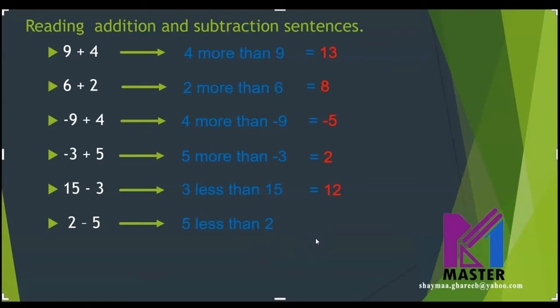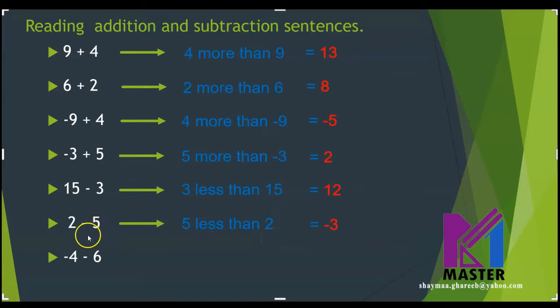Let's count together backward starting from the 2. Before the 2 we have 1, 0, negative 1, negative 2, and negative 3. So negative 3 is less than the 2, of course. Less than the 2 by 5. It's 5 less than 2.